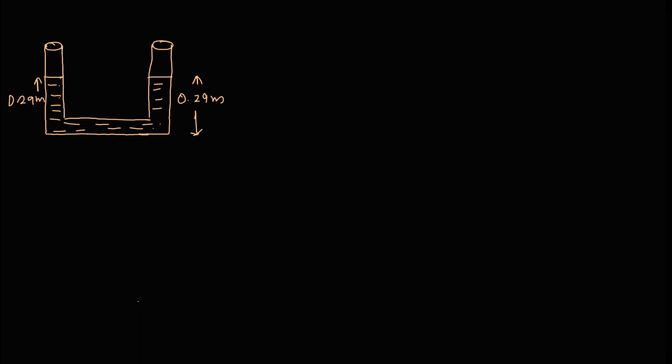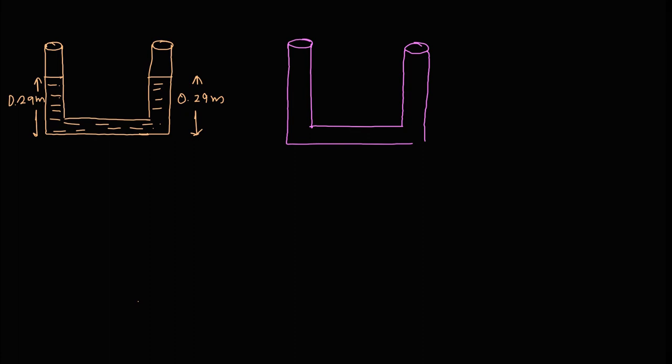Now post this condition, kerosene is poured in the left limb. So as a result of which we are drawing the final diagram like this.